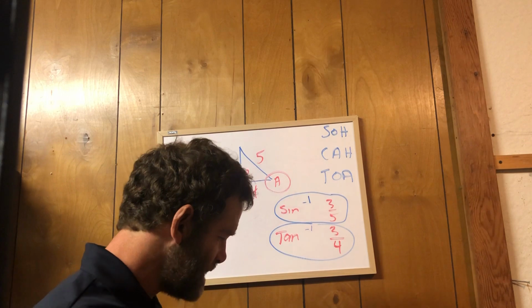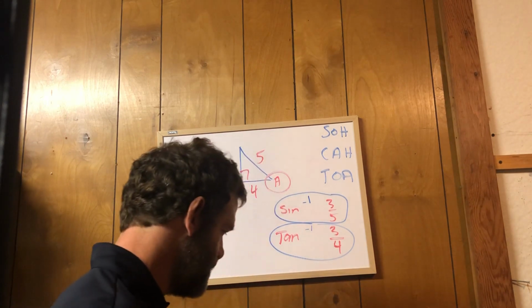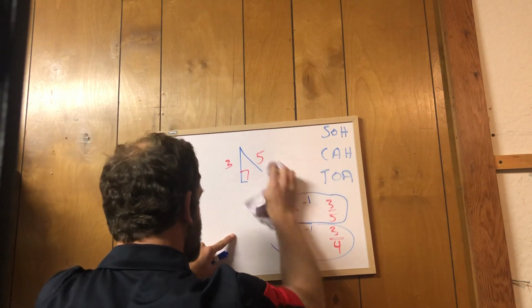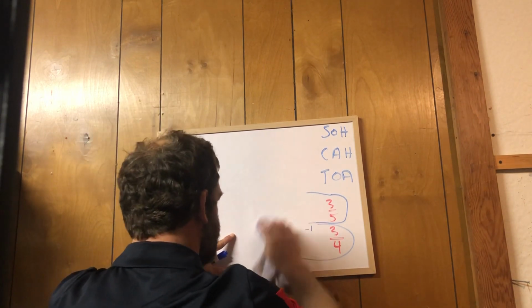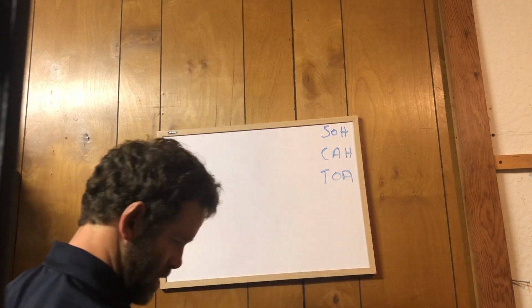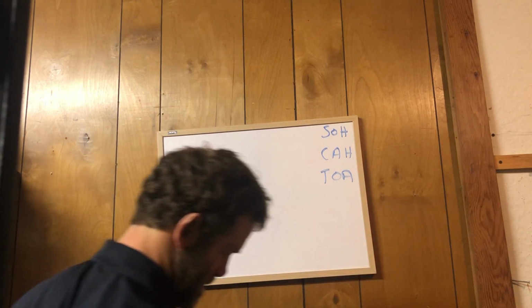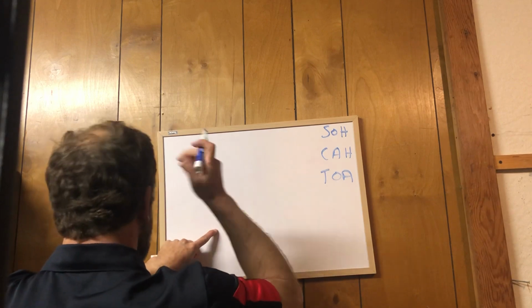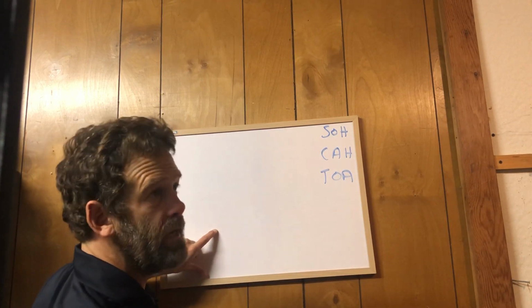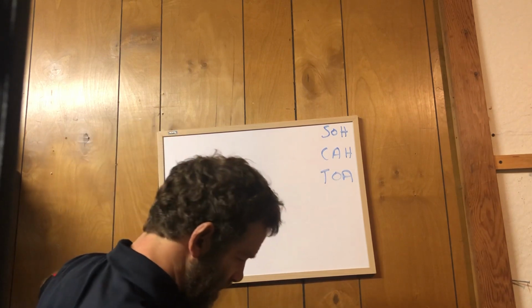Okay, with that said, let's see if you can solve for this missing angle on a triangle. Sometimes they're going to give you only 2 different angles. Sometimes they're going to give you 2 different sides. Sometimes they're going to give you 3 sides.